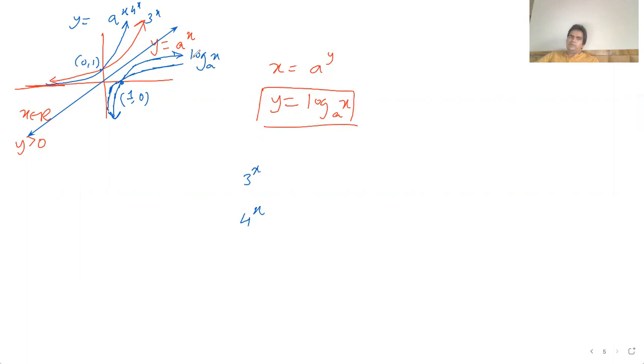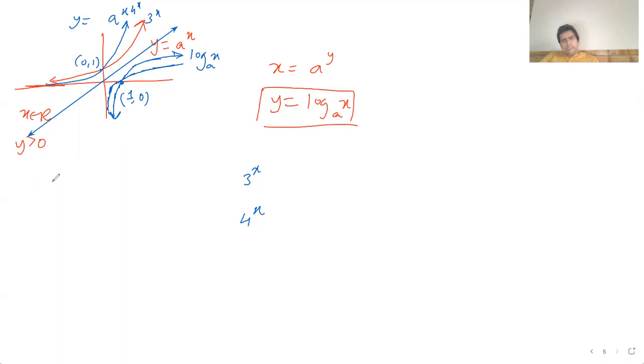This will be log x to the base 4, and this will be log x to the base 3. So just remember that the graphs are very standard, and you can find them by making sure you understand the link that they're inverses of each other.